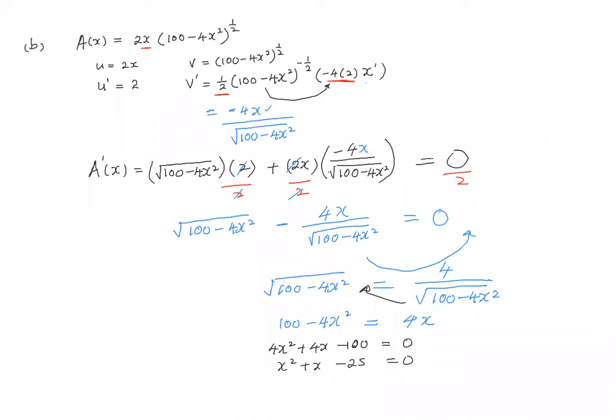Did I do anything wrong again? Yeah, 4x squared ma? Here is 4x. One mistake makes the whole thing upside down. Oh, it's 4x squared. Okay. Now I know where is my mistake again.